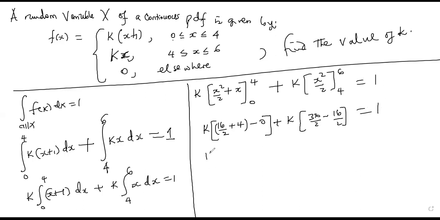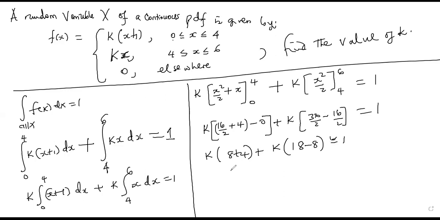So this is k times 8 plus 4, plus k times 18 minus 8, should be equal to 1.